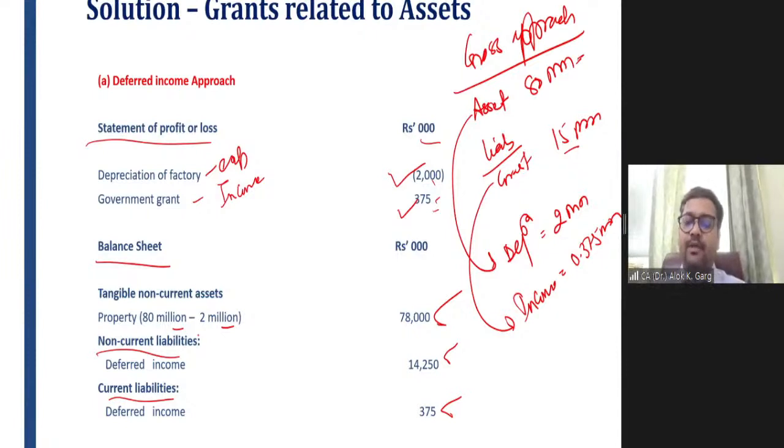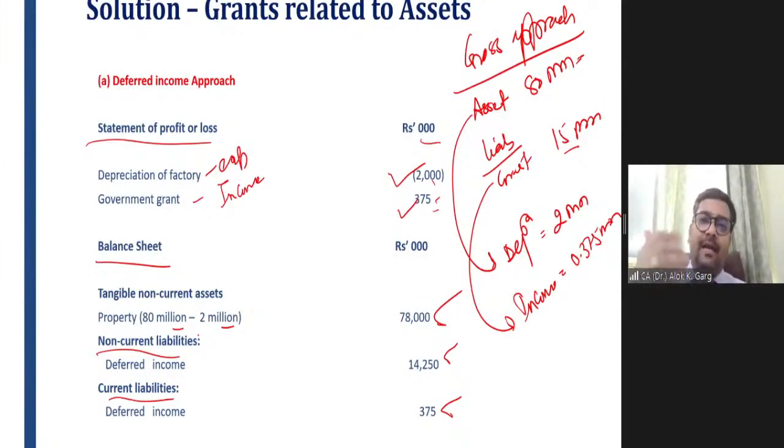Simple. So what we have done in P&L, we have depreciated the factory over the useful life, 2 million. Then whatever grant we have received or are going to receive, 15 million, divided by the useful life of the factory, 40 years. So 3,75,000 has to be recognized as income. In the balance sheet, the asset has to be shown at depreciated value, 80 minus 2, 78 million.